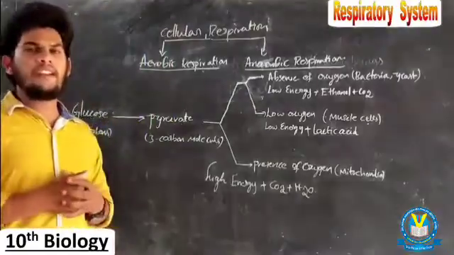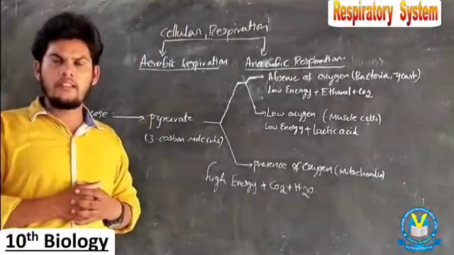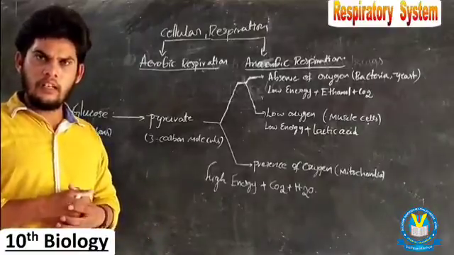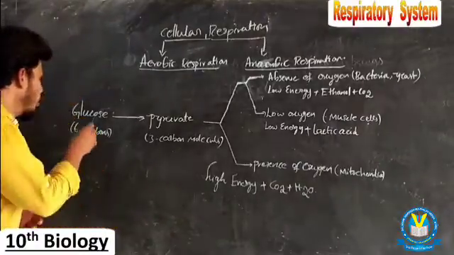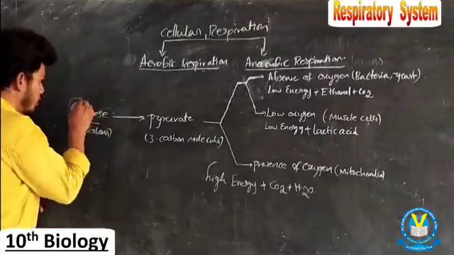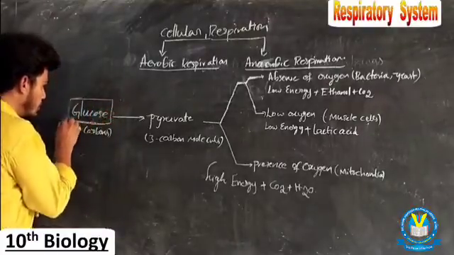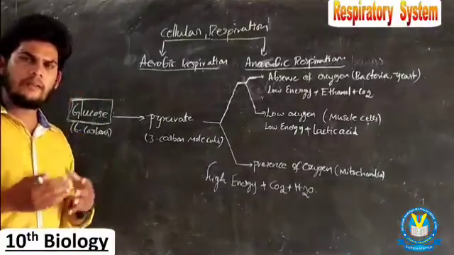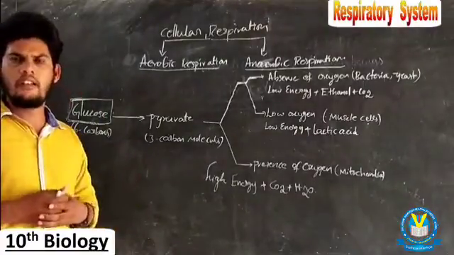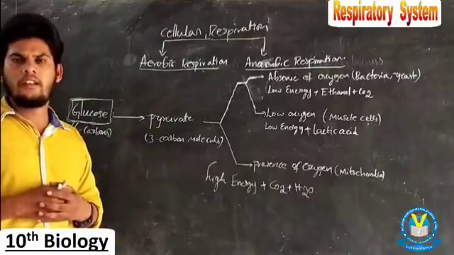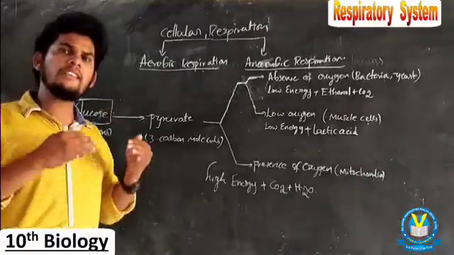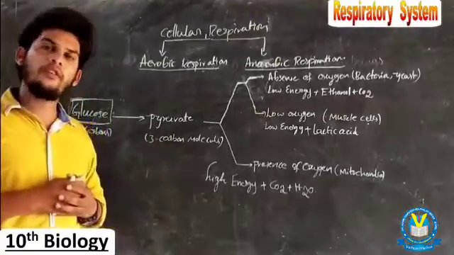We eat different substances. There are different nutrients in our food, like proteins, vitamins, and fats. Among them, glucose is the main food component and the main substance used to produce energy.